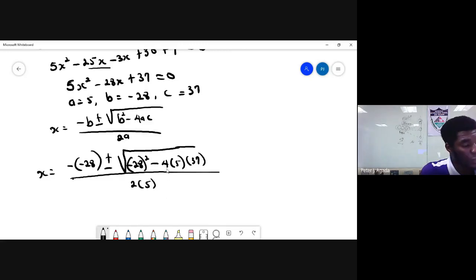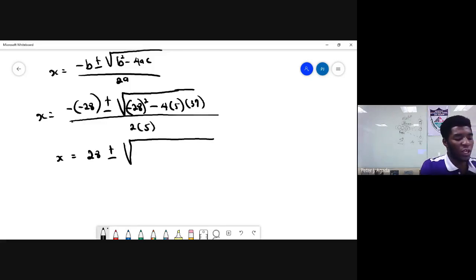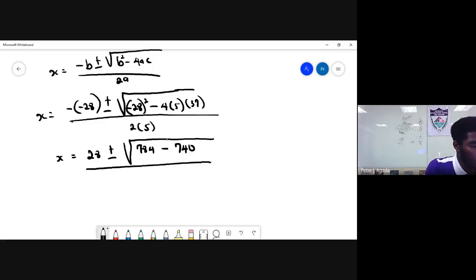So if you keep solving this equation further, you'd realize that I can have my x equal to 28 plus or minus, I'll take this further, negative 28 squared is 784 minus 740, so I can have here negative 740 all over my 10.